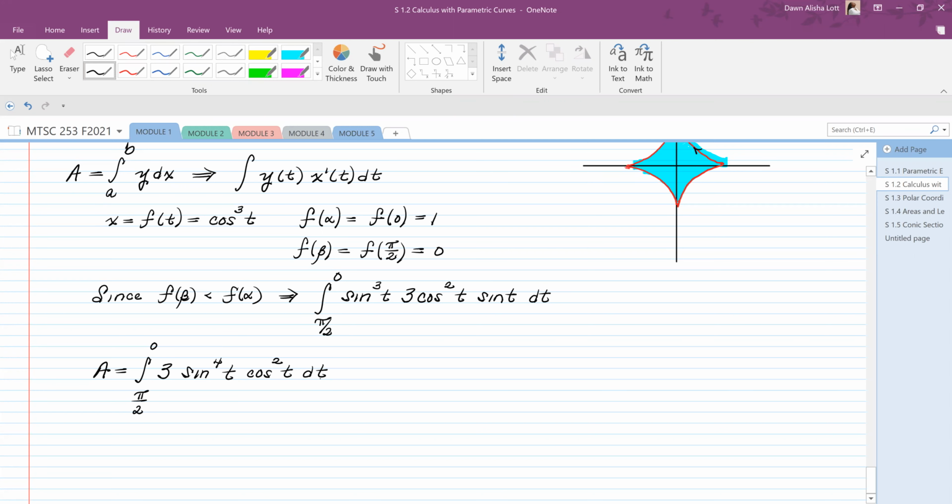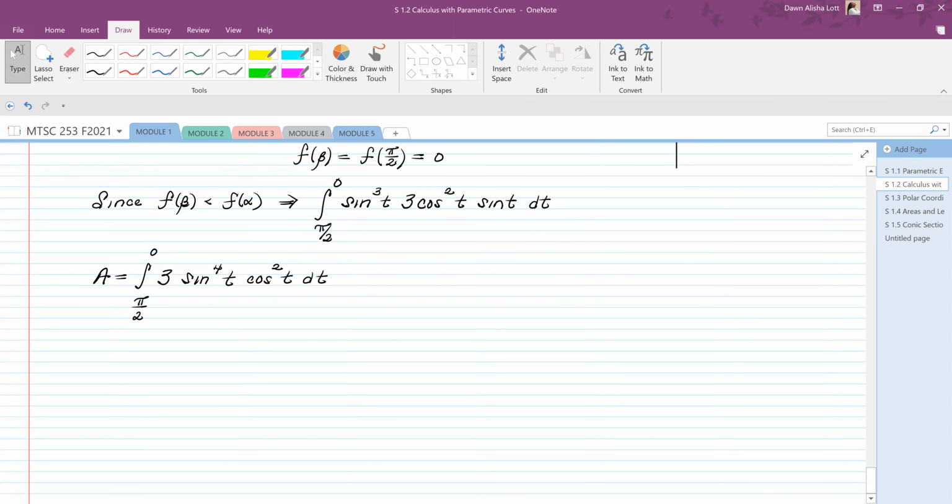Okay, this is actually a pretty hideous problem, but the way you integrate it is I'm going to change the sine squared of t to be 1/2 times 1 minus the cosine of 2t, and the cosine squared of t to be 1/2 times 1 plus the cosine of 2t. So that's what you do when they're both even.